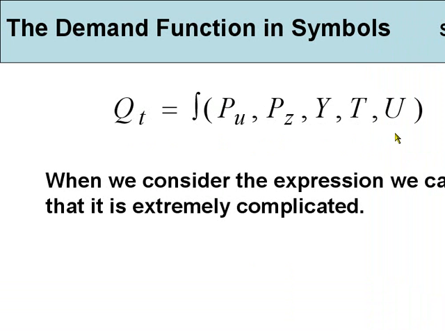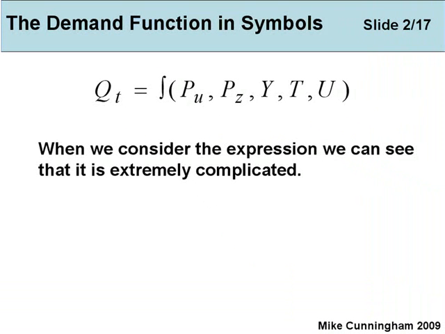So when we consider the expression, we can see it's extremely complicated. There are many variables in there, and if it was a mathematical expression, it would be very difficult to solve. As it is, it's more a verbal expression. We're just simply using these symbols as shorthand.